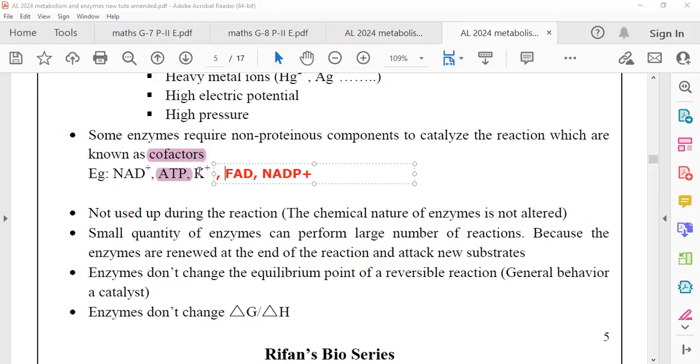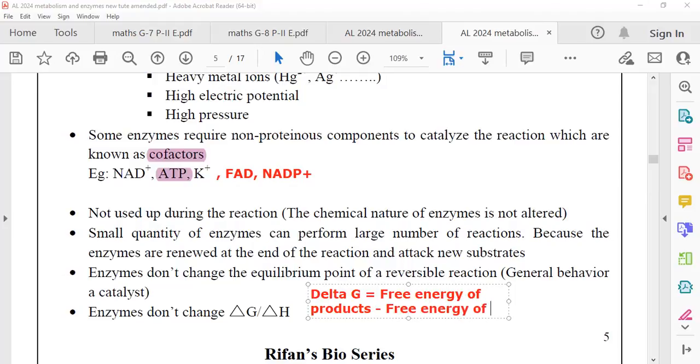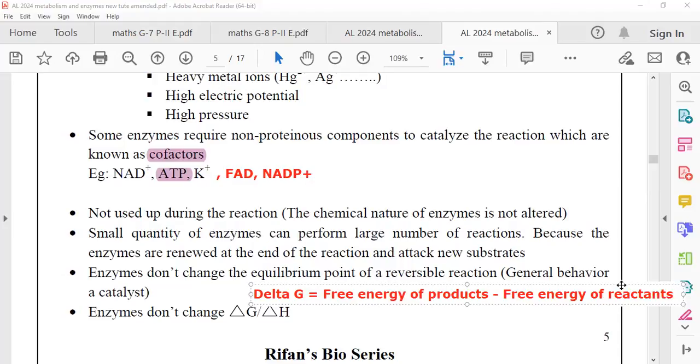What is delta G? Delta G means, okay, free energy of products minus free energy of reactants. Now, for every reactant, there is an energy level.